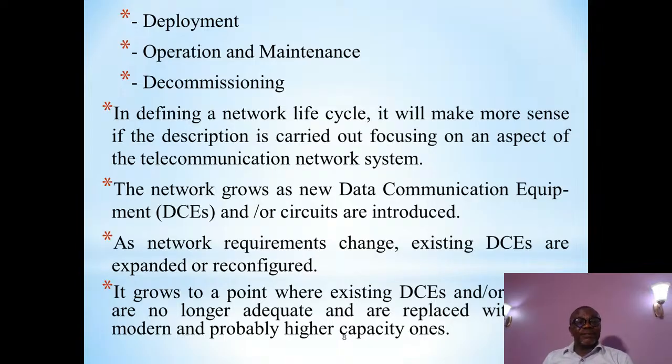At that point, that analog system has come to its end of life. So you have to decommission it and replace it with digital equipment. So that is an example of decommissioning.